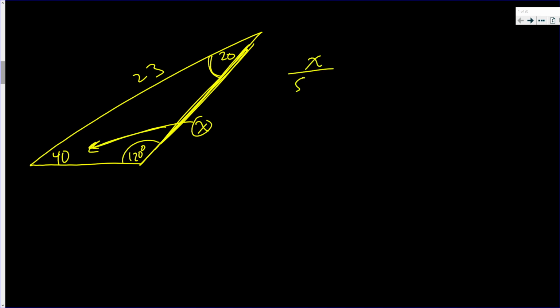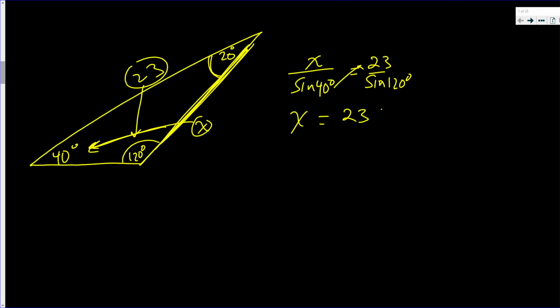So x over sine 40 degrees is equal to 23 divided by the sine of the angle opposite it. Okay. Now, just bring up the sine 40. Just half cross multiplication. x is 23 sine of 40 degrees over the sine 20.